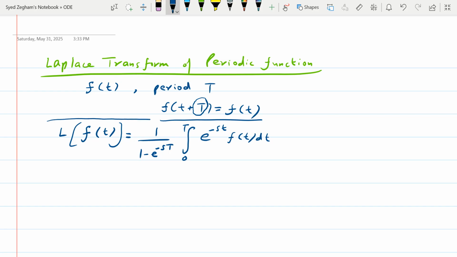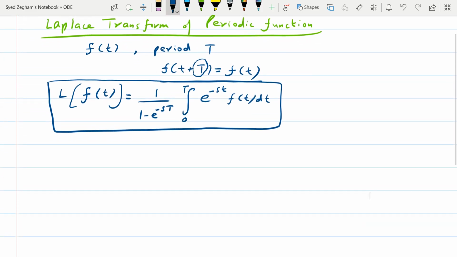So this is the formula for finding the Laplace transform of a periodic function. Now let us take a function which is periodic and find its Laplace transform.